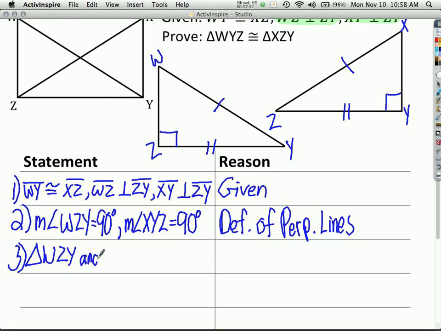And you need to say that triangle XYZ is too, and that's from the definition of a right triangle.